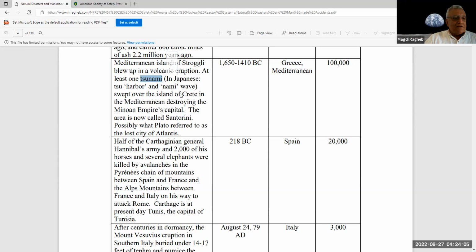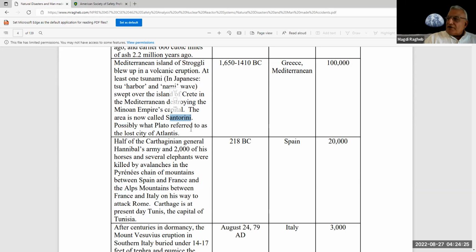It happened on the island of Crete in the Mediterranean Sea, destroying the capital of a whole ancient civilization that was called the Minoan civilization. Today, if you visit that area, it's called Santorini.